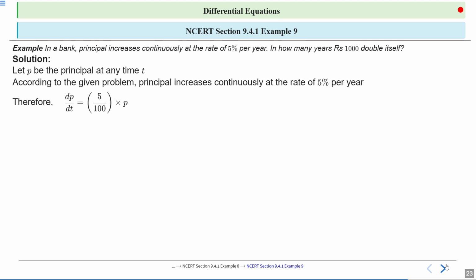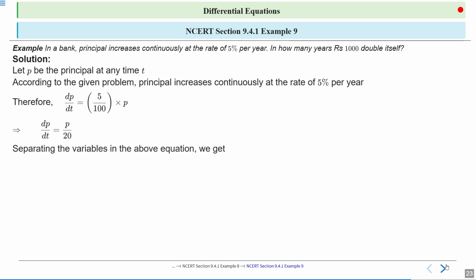At first we have to find the general solution for this differential equation, and then in the second part of the question, find in how many years 1000 doubles itself. So let's first find the general solution. We get dP/dt = P/20.